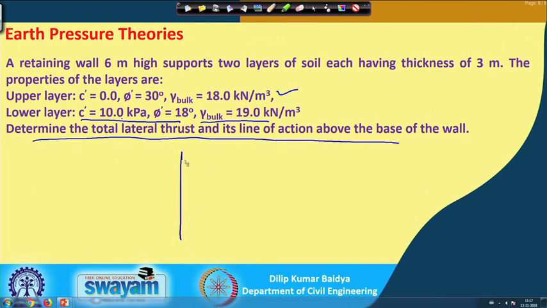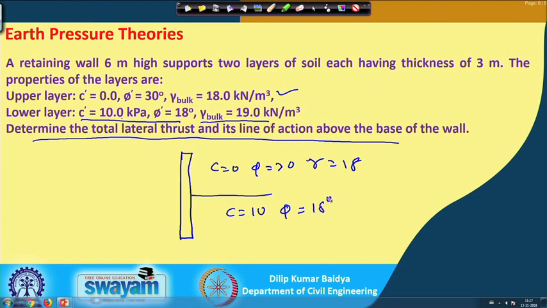So, it is a 6 meter high wall, and here you have C equal to 0, phi equal to 30, gamma equal to 18, and here C equal to 10, phi equal to 18, and gamma equal to 19. You have to find the pressure diagram and total active thrust, and then finally the point of application of the thrust.